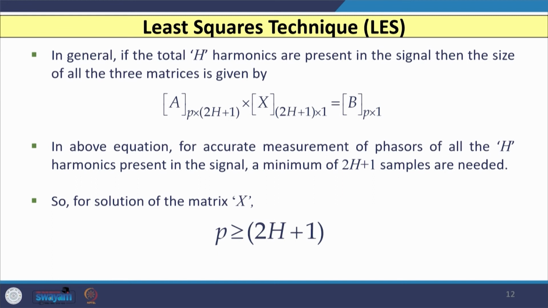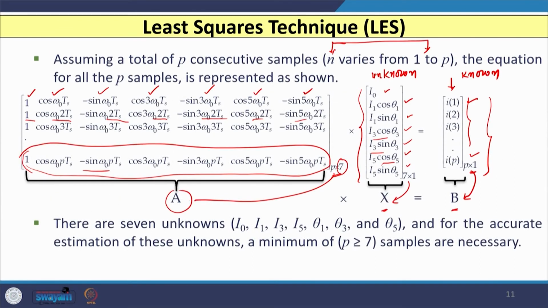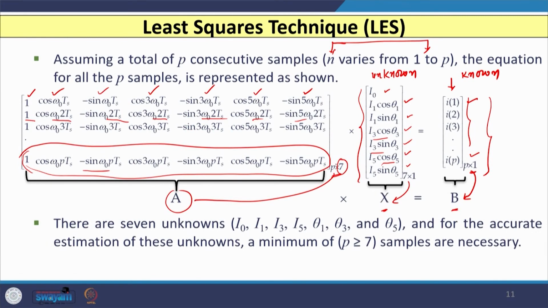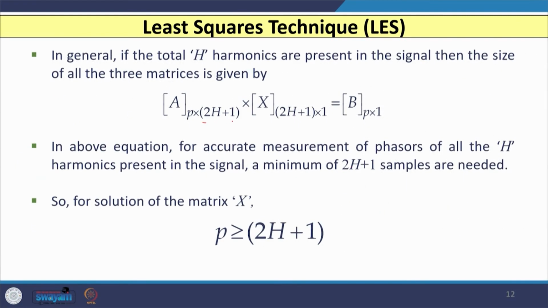So, in general form, if I write this equation, that is A into X equal to B, then I can write A, whose size is p cross 7. So, 7 I am replacing with the term 2h plus 1, where h is the total number of harmonics present in the signal.